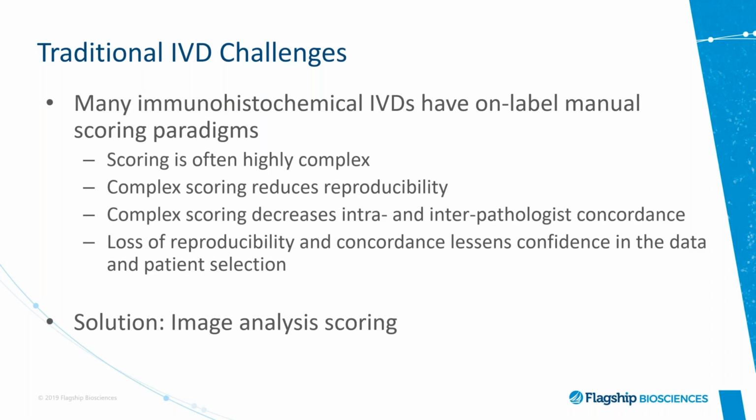The complexity of the scoring reduces the reproducibility, as well as the intra- and inter-pathologist concordance. And this in turn determines a loss of confidence in the data and in the patient selection. We propose that the solution to this problem is image analysis scoring.